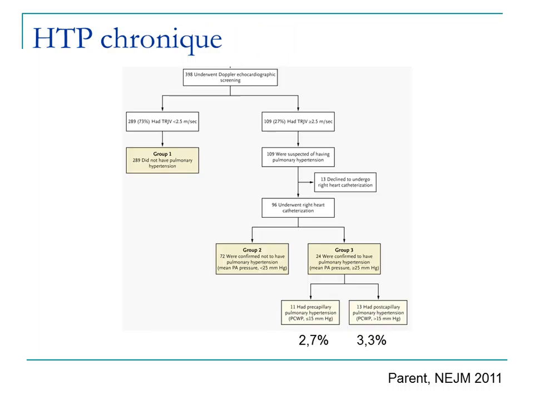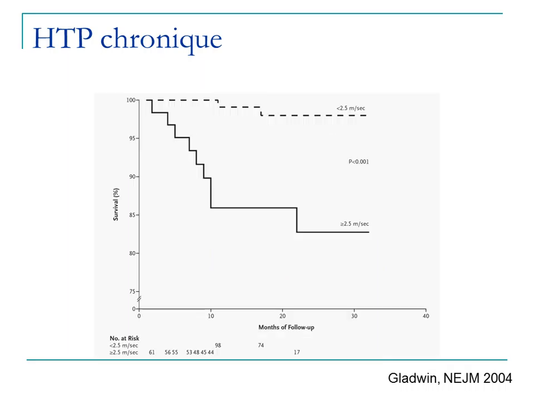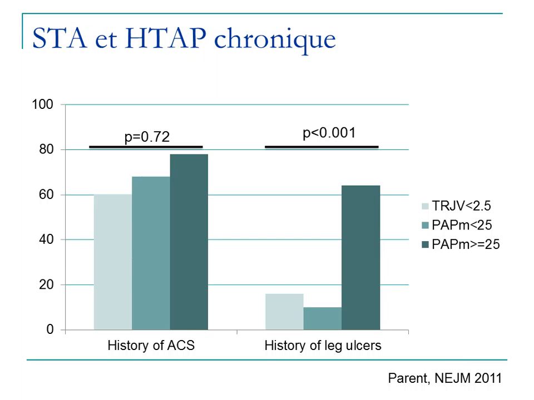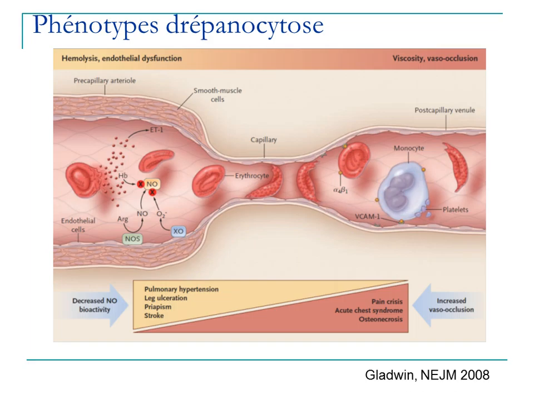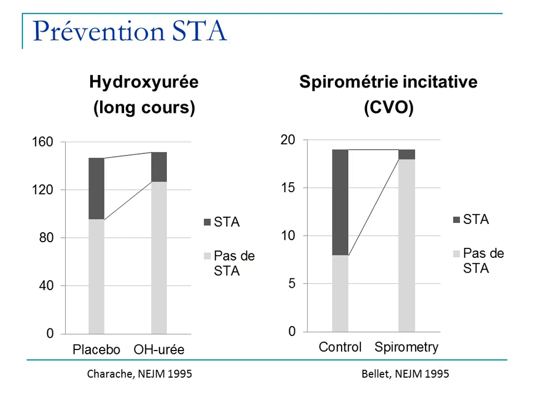Now, this has nothing to do with chronic pulmonary hypertension in 6% of these patients, but when you look at the number of episodes, there is nothing that is really significant. It is mostly associated to venous ulcers, and again we have two different phenotypes involved, the endothelial phenomena and thrombosis on the one hand, and vaso-occlusion on the other hand, favoring the onset of ACS.